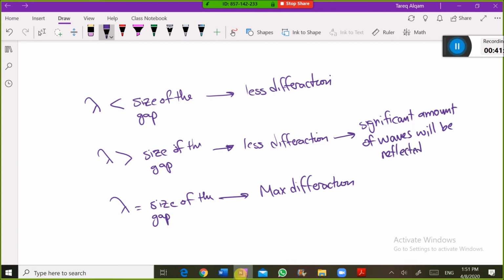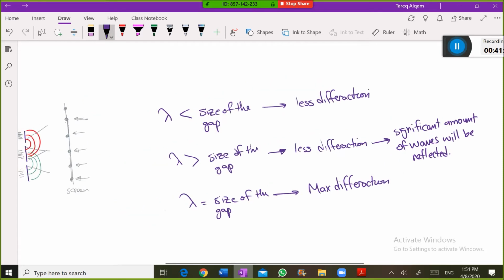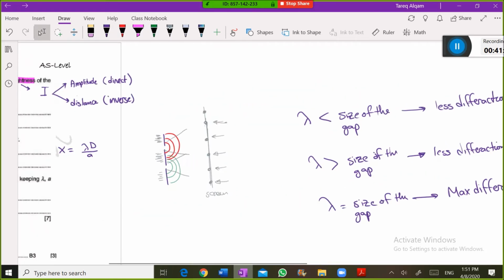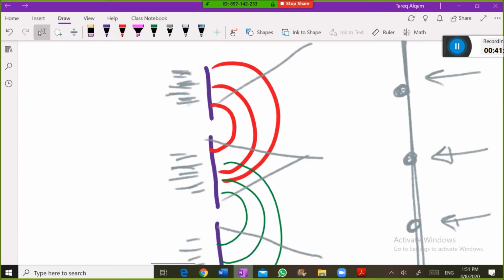Okay guys, let's say dominant reflected or diffracted? When the waves arrive here, if the size of the gap or lambda is larger than the size of the gap, right? If lambda is more than the size of the gap, we have more reflection. Here, guys, at this boundary, a part of the waves undergoes reflection.